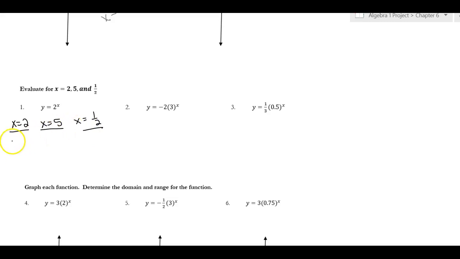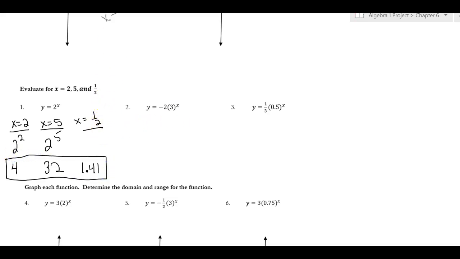And so it's just going to be 2 to the 2nd, which is just 4. 2 to the 5th, which is 32. And 2 to the power of 1/2, which is 1.41. Okay, so those are the answers.